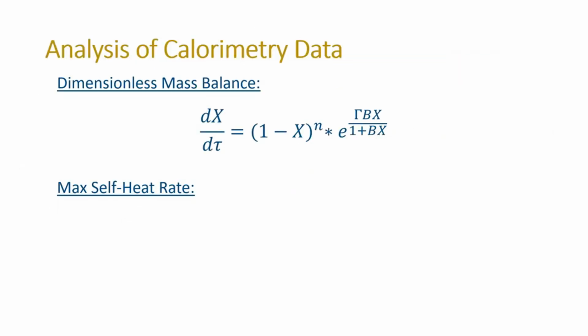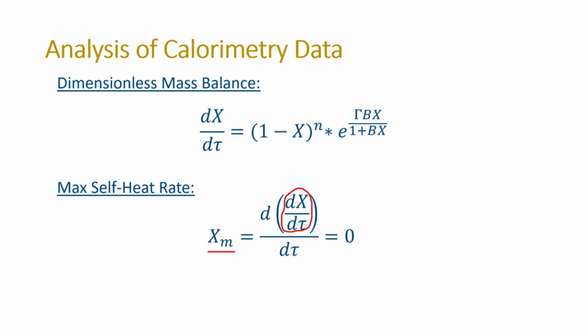One way we can use this model is to determine the maximum self-heat rate. We can find the conversion, so again, X is conversion, at the max self-heat rate by differentiating our mass balance. So again, we have the rate of change of the conversion with respect to dimensionless time.